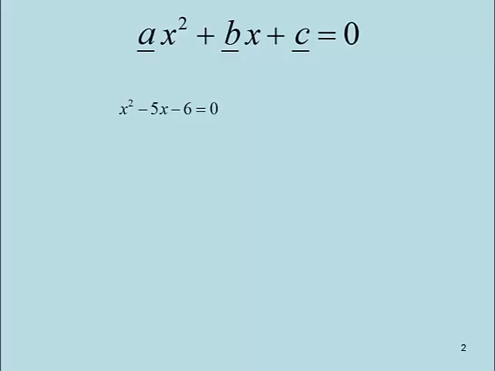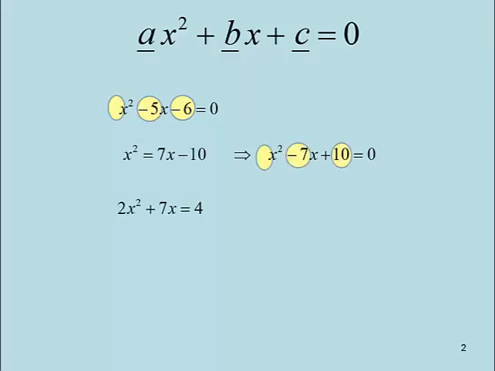Here are some examples. Can you identify what the a, b, and the c are in this problem? And this one, to identify the a, b, and c, you first have to rewrite it by moving everything over to the left. It's got to equal 0. Here's one.